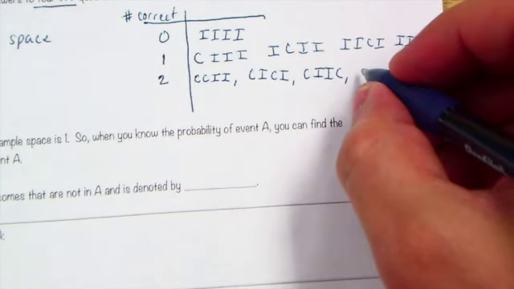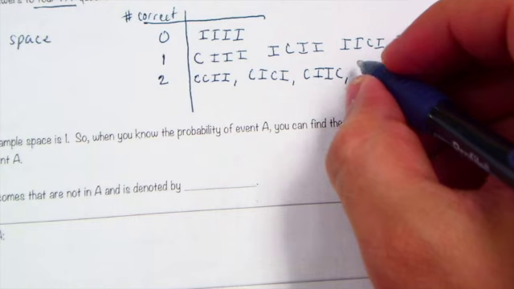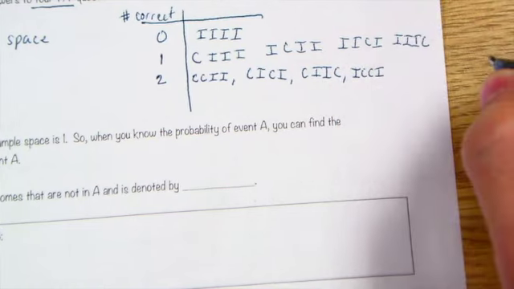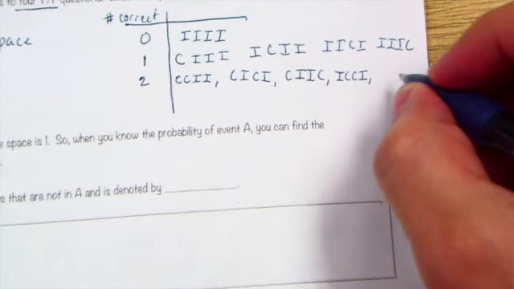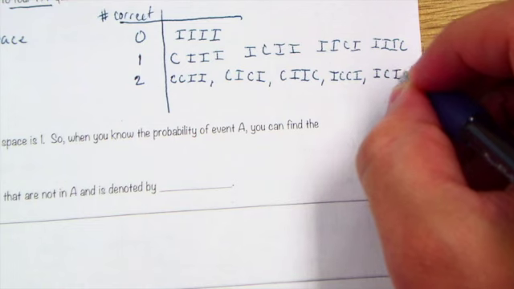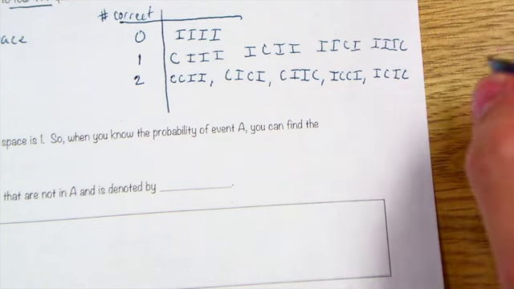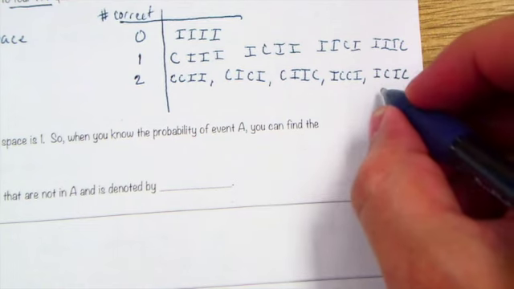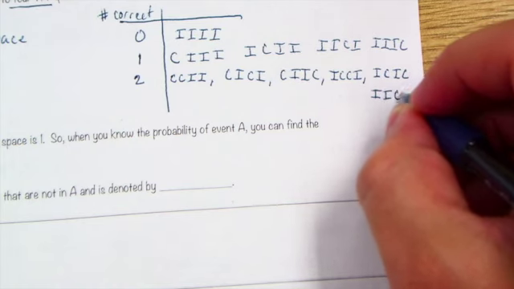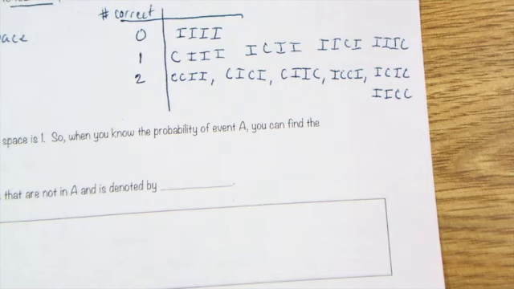I could get the middle 2 correct. I could get the second and the last one correct. I'm going to have to make another row here. I could get the last two correct also. So that goes with that one.